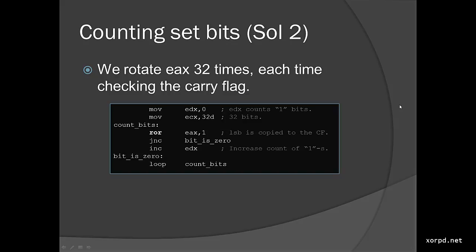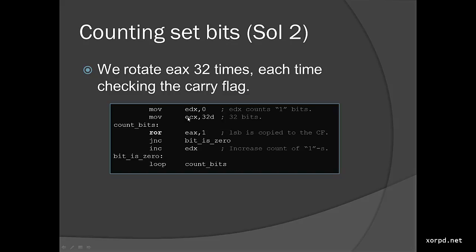Another idea for a solution. We can rotate EAX 32 times, and each time check the carry flag. We know that the carry flag has a copy of the last bit that was kicked outside the boundary of the number. So, just as before, we initialize EDX to be 0, and EDX is going to count the 1 bits.